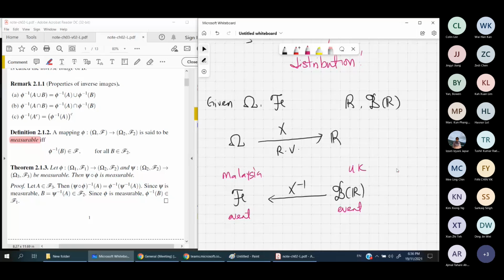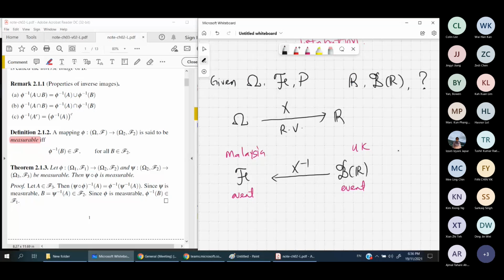Now supposing we have a sample space with a sigma field, and we already know we have a probability measure over here. So this is a probability space. Here we do not have a probability. So how are we going to define it? We are going to use this process to construct this probability.